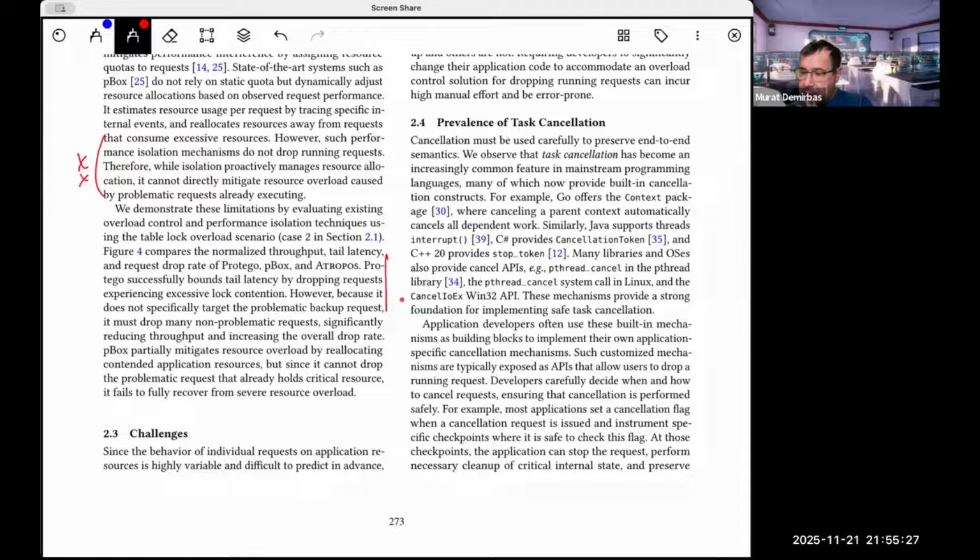However, because it does not specifically target the problematic backup request, it must drop many non-problematic requests, significantly reducing throughput and increasing the overall drop rate. Pbox partially mitigates resource overload by reallocating contended application resources, but since it cannot drop the problematic request that already holds the critical resource, it fails to.